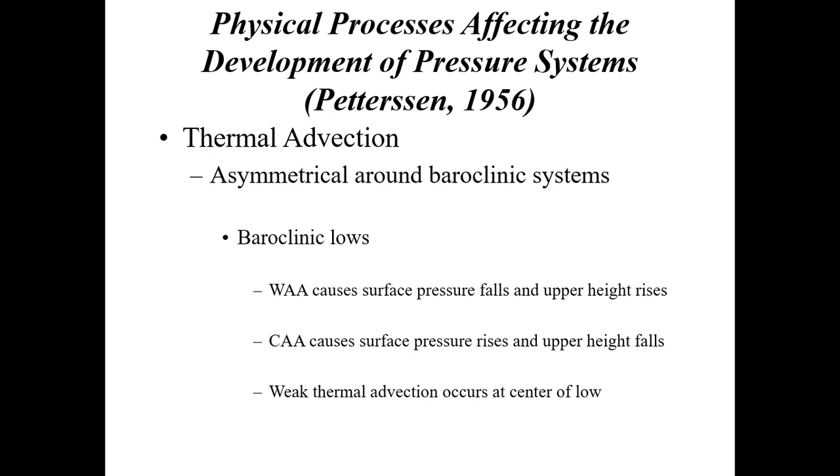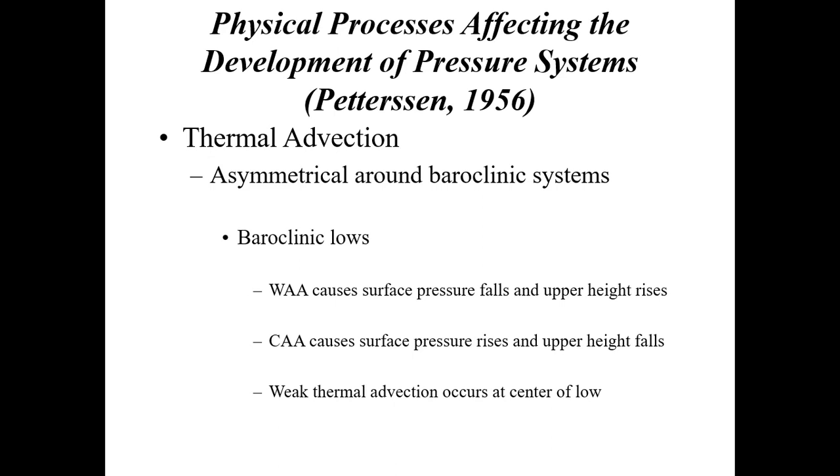And then you get the upper height rises also because the atmosphere is going to expand. It's going to expand and grow taller in vertical depth when you have warmer air moving into an area. Warm air again is less dense, so it wants to rise, and as it rises, it's expanding.